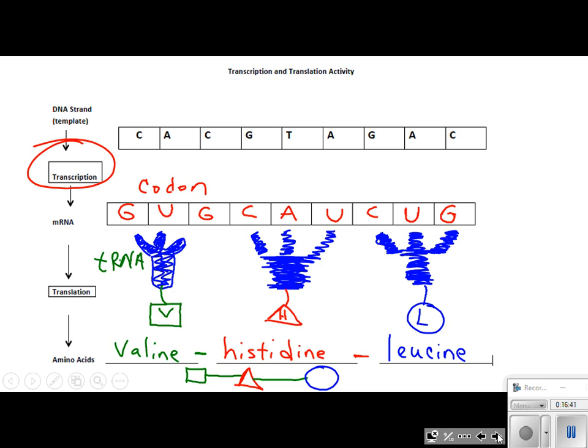Polypeptide, or it says amino acid on your paper, right above that, a protein. Okay? So right here, I want you to write, I'll write mine below it. Because what are amino acids? They are the building blocks of proteins.